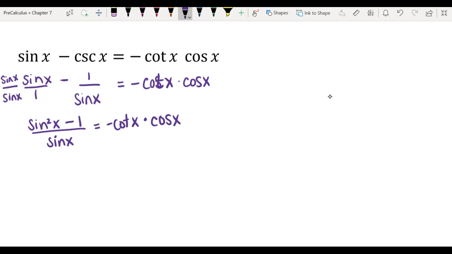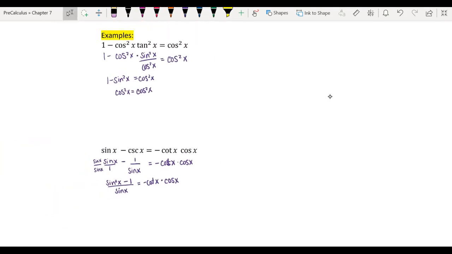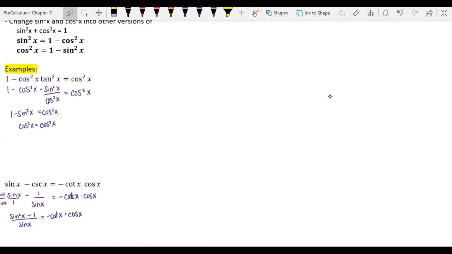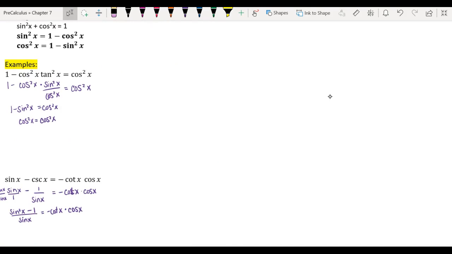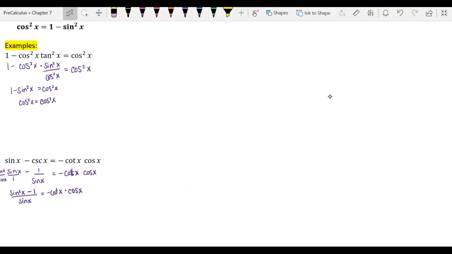So if we look at the version above, I'm just going to zoom really far out. The version above is that 1 minus sine squared of x is cosine squared. This, though, is sine squared minus 1. It's backwards, right? Okay. So let's change it into the forward version, which would be a negative 1 plus sine squared of x over sine of x. And then, do you guys notice how the signs are just switched from this version?